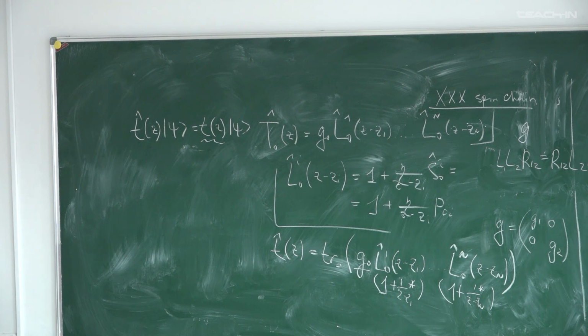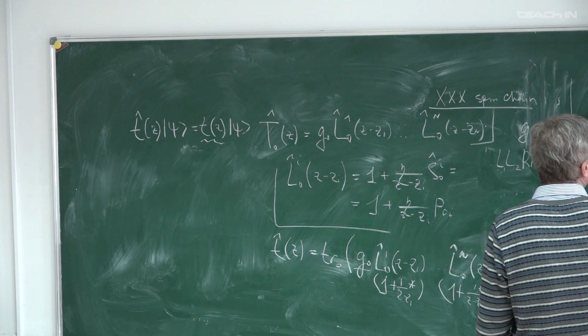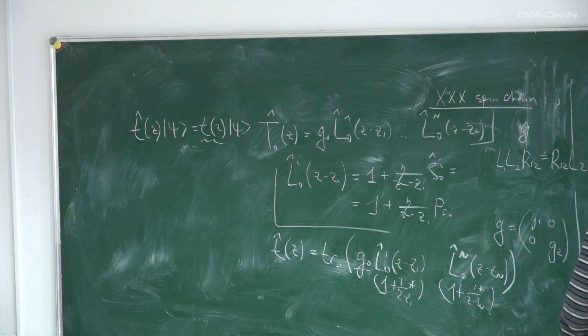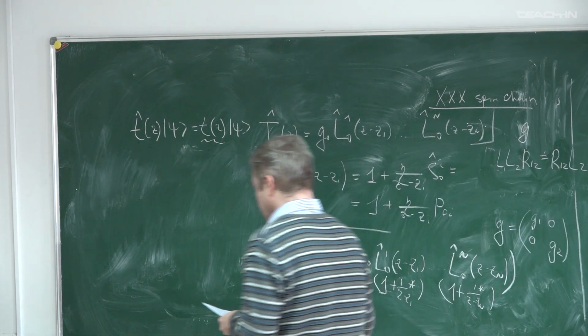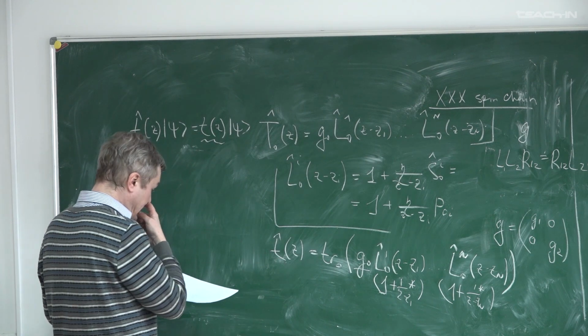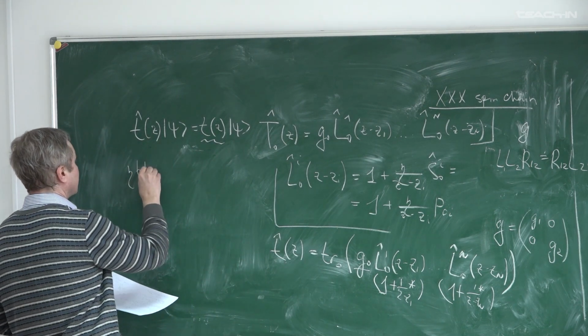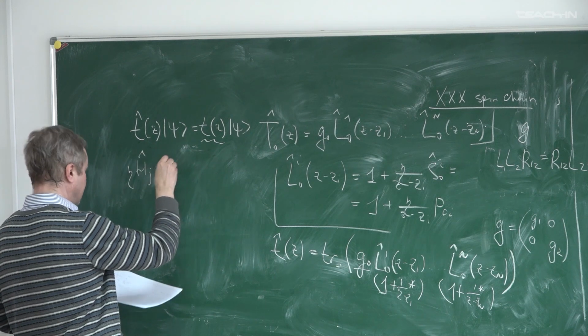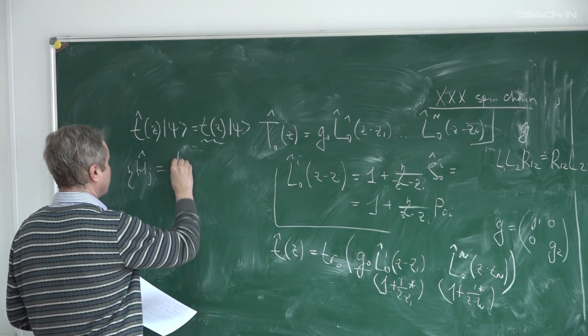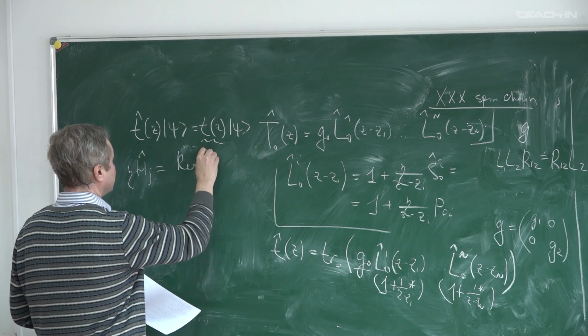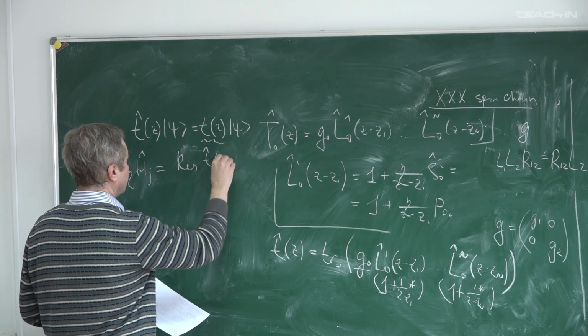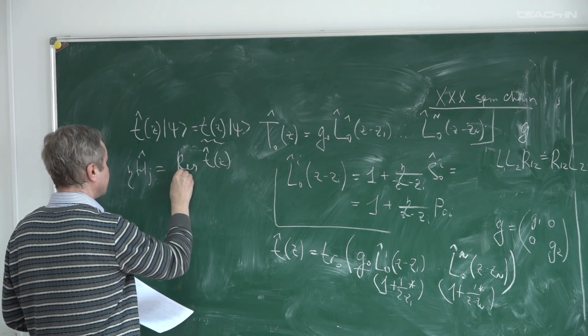So let us first find, and then also looking at this formula, we may write that our quantum Hamiltonians are just residues of this T of z at points.